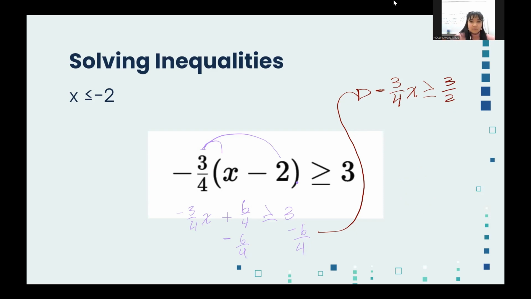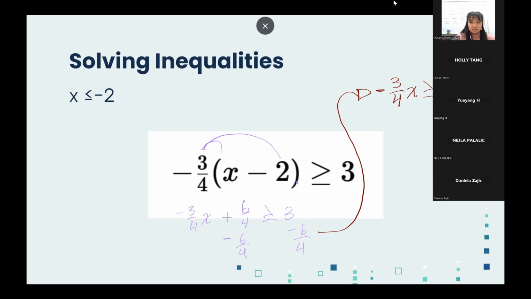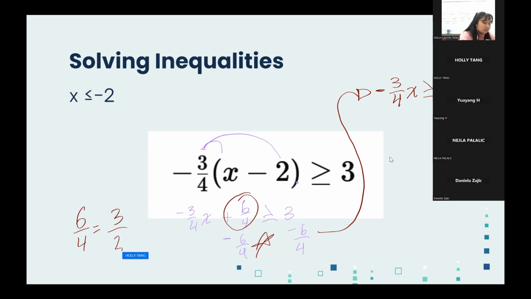I lost anyone? We're still good. I'm lost. Okay, did you get rid of the 3? So all I did was in this step right here, I subtracted both sides by this 6/4, which is the same as 3/2.